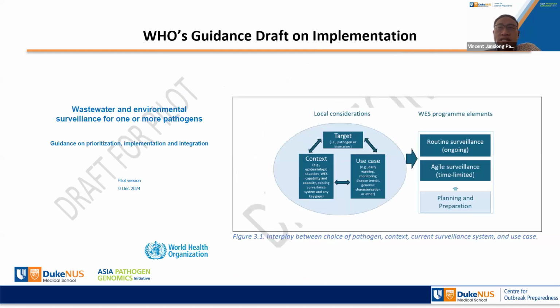So WHO has also recently produced a guidance draft on implementation, prioritization and integration of wastewater surveillance in member states. They have considered some of the key factors for implementation and prioritization, looking at the target pathogens, what would be the prioritized pathogens of interest that national authorities should consider, as well as the context of leveraging the use of wastewater surveillance, such as the epidemiological situations of certain diseases of interest, as well as the capability of testing in terms of technology, reagent accessibility and availability, as well as the reporting mechanisms.